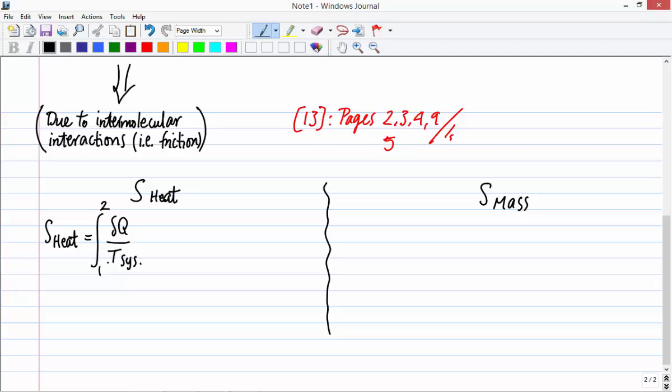So then I can take out this temperature, and the integral of delta Q would be just Q, the amount of heat which is transferred to the system.